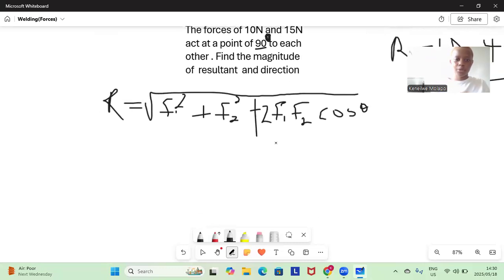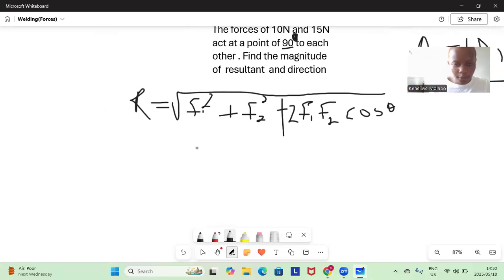So let us substitute. My F1 is 10. Sorry for not naming them. Forgive me. It's 10 squared. Then plus my F2 is 15 squared.